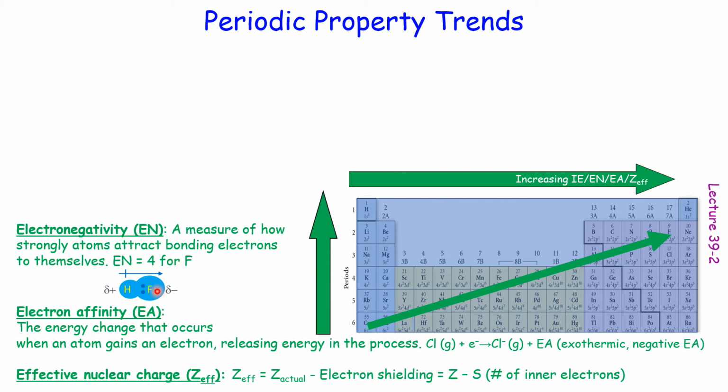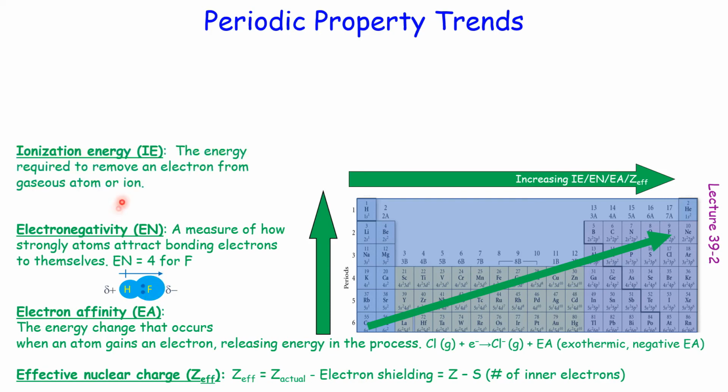As a result, the fluorine end of the HF molecule is partially negative, and the hydrogen end is partially positive. You can also use arrow notation to show that the hydrogen end is partially positive and the fluorine end is partially negative.